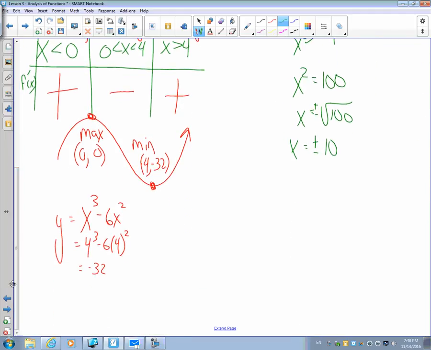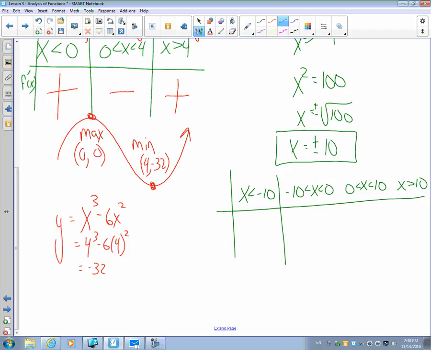I've got my vertical asymptote of 0, plus I've got my 2 points where I think I change direction. So in my sign diagram, I'm going to start off with negative 10 as my lowest point. Then from negative 10 up to 0, that's my next smallest point. From 0 up to positive 10, and then greater than 10.